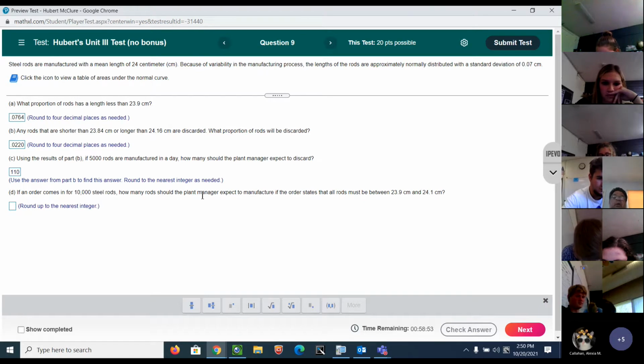See, it says how many rods should the plant manager expect to manufacture if the order states that the 10,000 must be between 23.9 and 24.1?